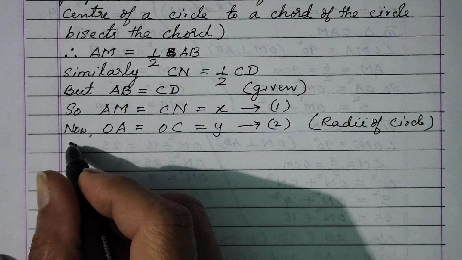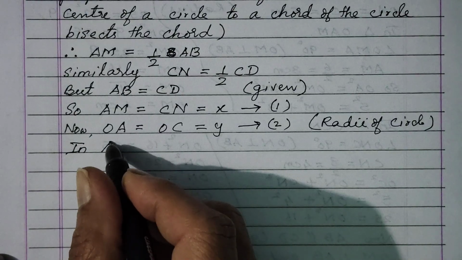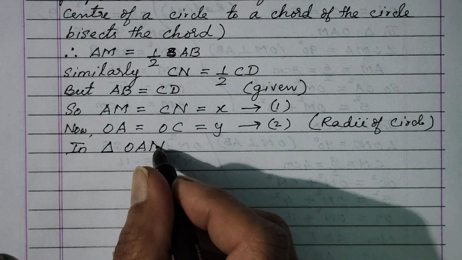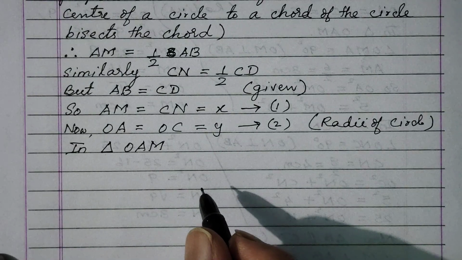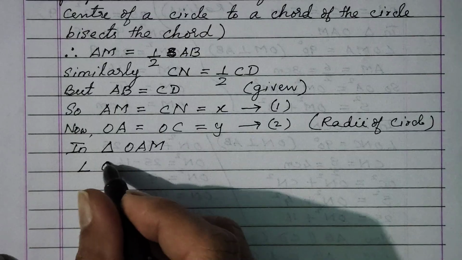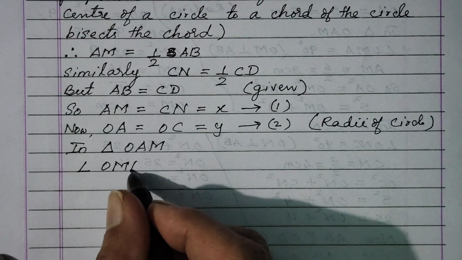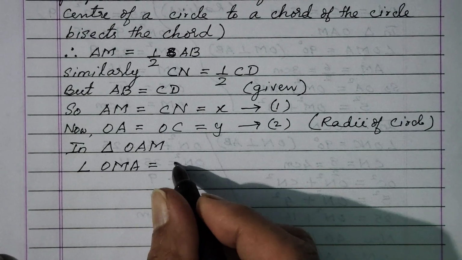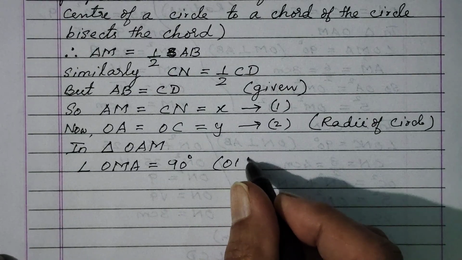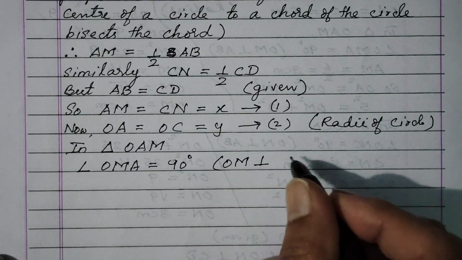In triangle OAM, angle OMA is equal to 90 degrees, because OM is perpendicular to AB.